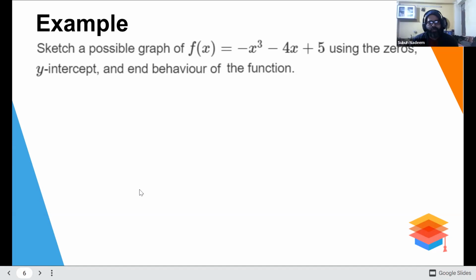So magnitude is 1. So what will remain is 1 and 5. And put the sign plus minus. So +1, -1, +5, -5. Isn't it so?